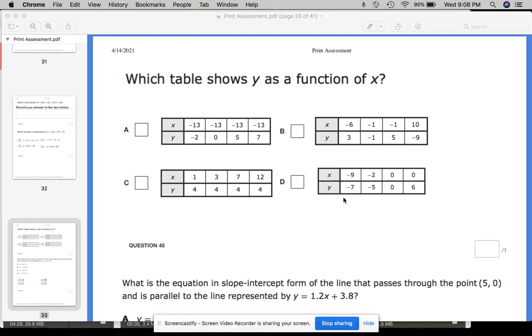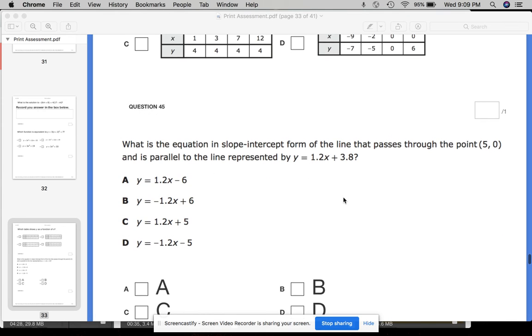C, x: 1, 3, 7, 12. Y: 4, 4, 4, 4. D, x: -9, -2, 0, 0. Y: -7, -5, 0, 6.